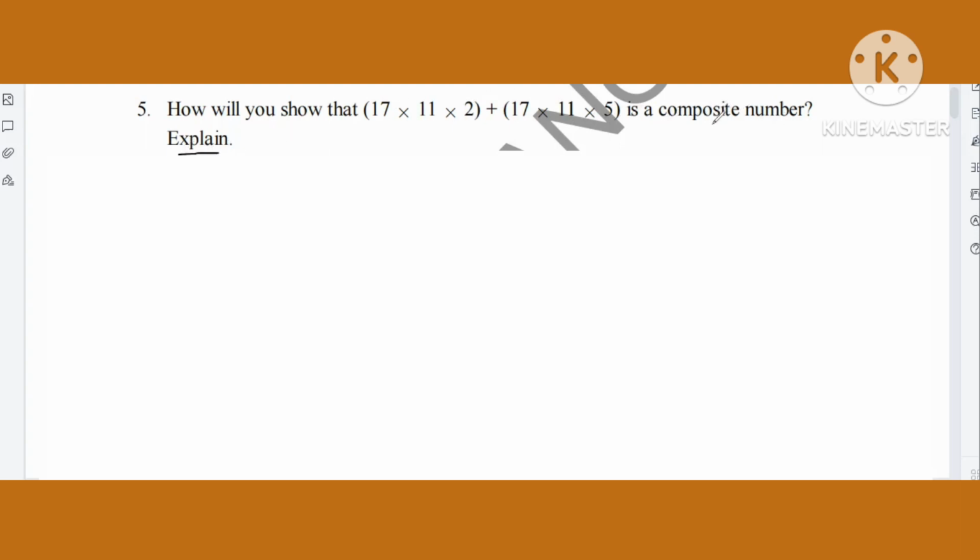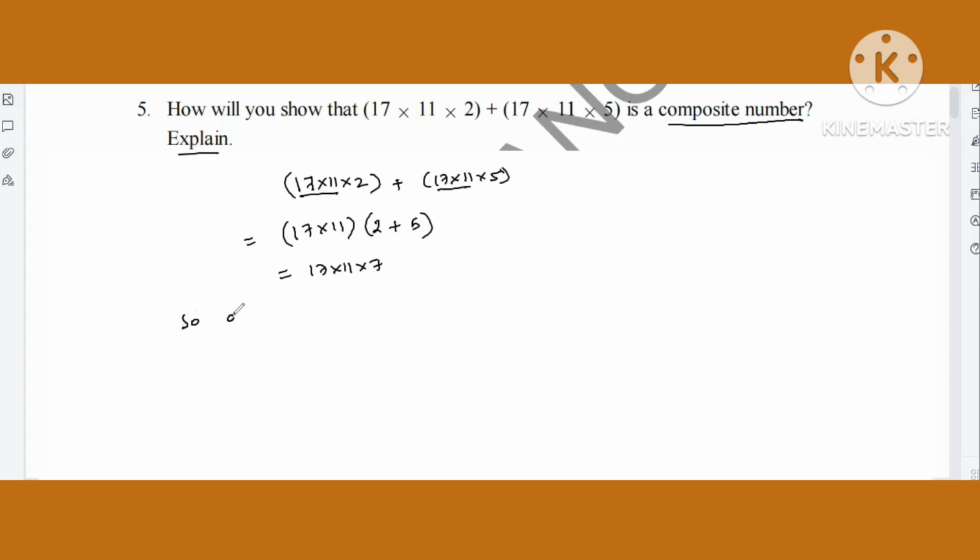Explain. Again here we have 17 into 11 common to both. To prove this is a composite number, you should prove that this is a product of primes. So the given number is 17 into 11 into 2 plus 17 into 11 into 5. I'm writing 17 into 11 as common, taking it outside. So here we get 2 plus 5, so 17 into 11 into 7.